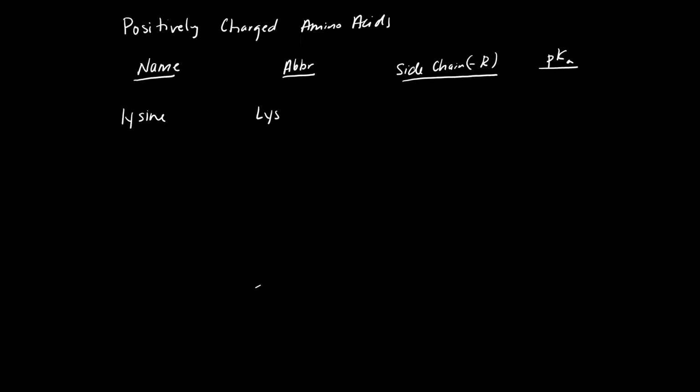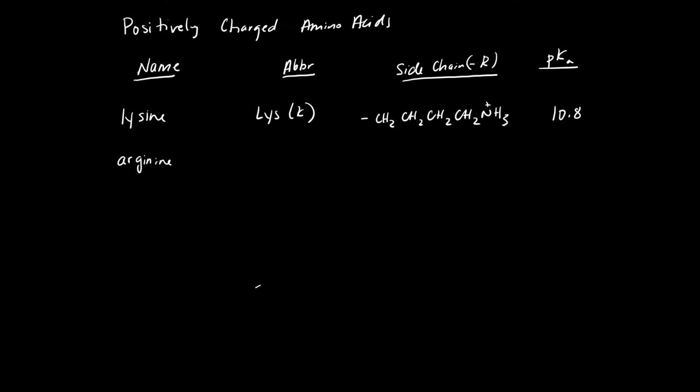So our first one is lysine, and lysine has a chain of 4 carbons and ends in an amine. So the pKa for this charged version of the amine, that's the acidic form, is 10.8.